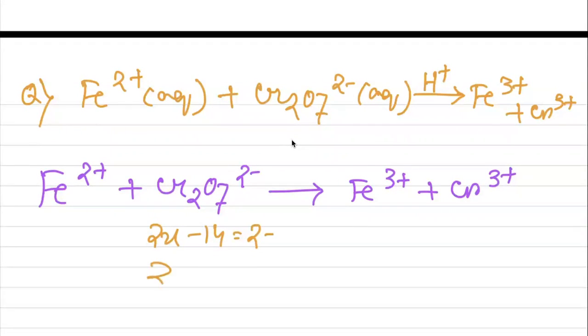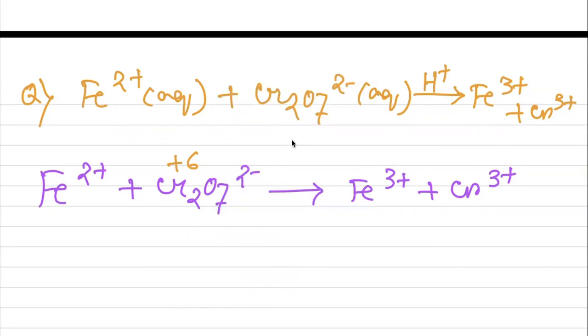So 2x equals 2 negative plus 14, x equals plus 6. So here chromium is in plus 6 oxidation state. Clear or not?